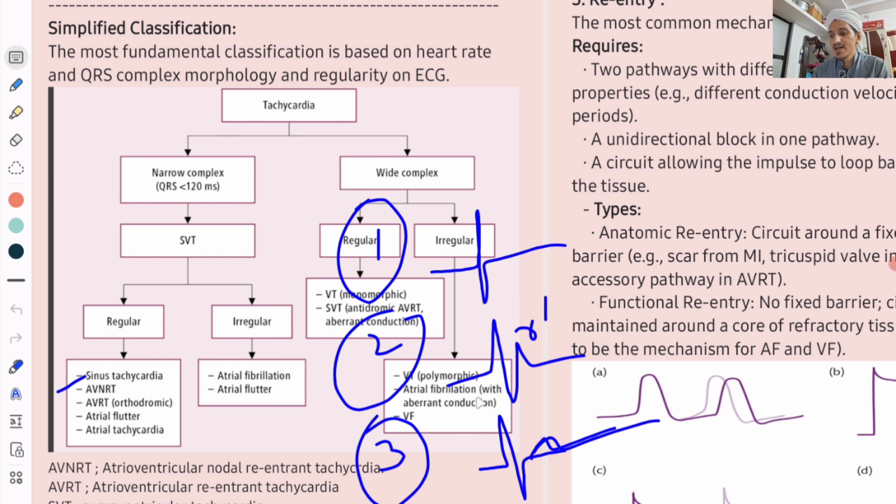So here the P wave is submerged in the QRS complex, here it is in the form of an R dash, and here it is just after the QRS complex. So this is AV nodal reentrant tachycardia.